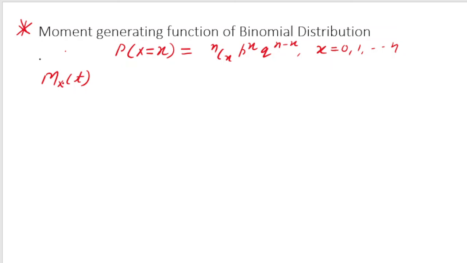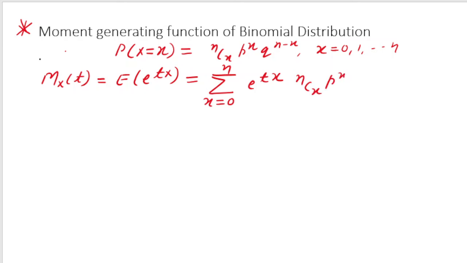The random variable here is x, so it is the expectation of e to the power tx. And this is a discrete probability distribution, so I have to take the summation. x varies from where to where? x varies from 0 to n. e to the power tx, and then the probability. So what is the probability here? The probability here is nCx p to the power x q to the power n minus x. I hope this is what we have written here.